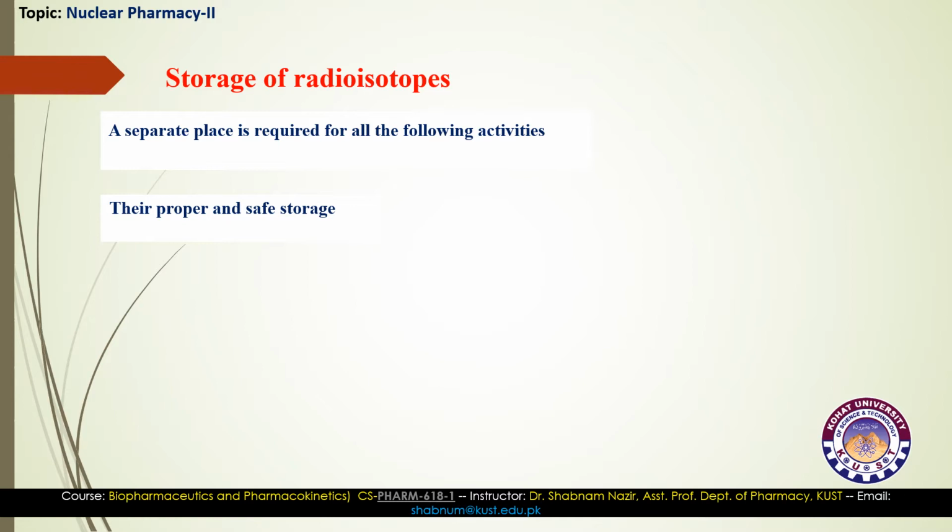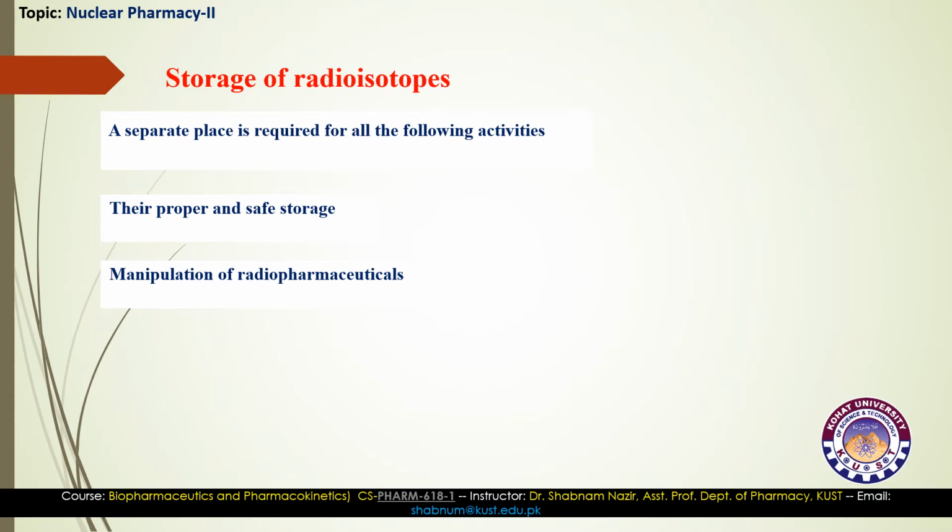This radiation can cause health hazards to whoever comes across it. So their storage is, first of all, an extremely important step. Secondly, manipulations of radiopharmaceuticals are also performed in the same storage area, which is why proper storage is such a critical step.